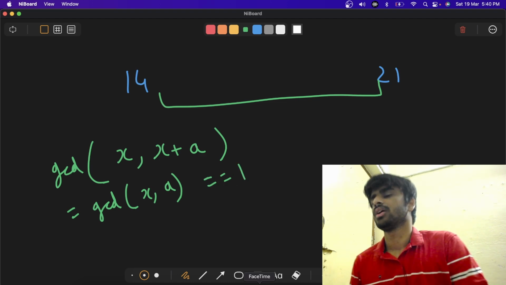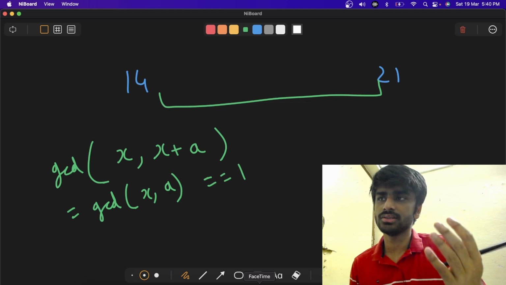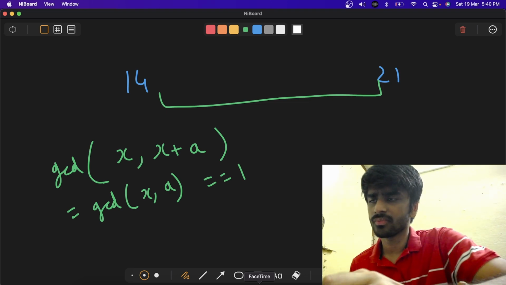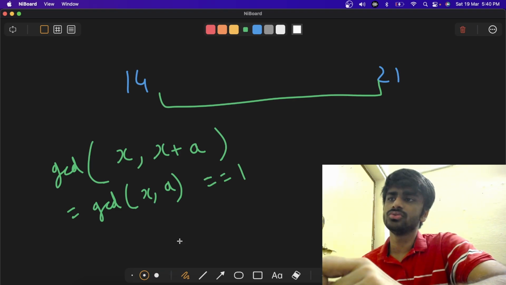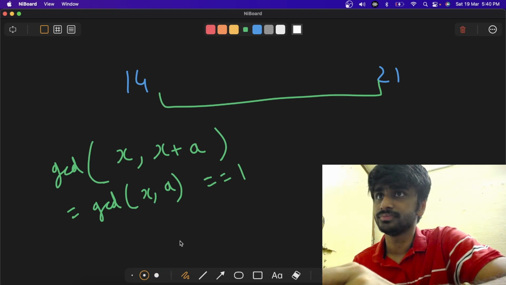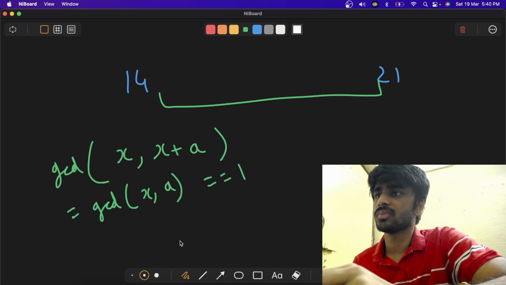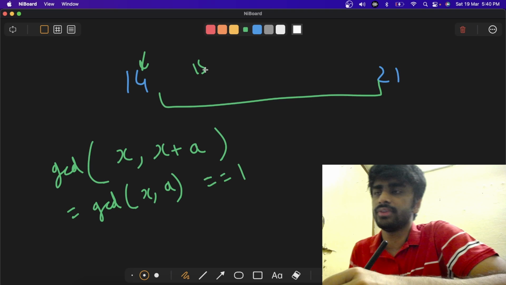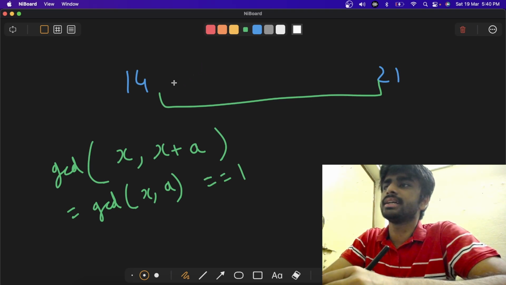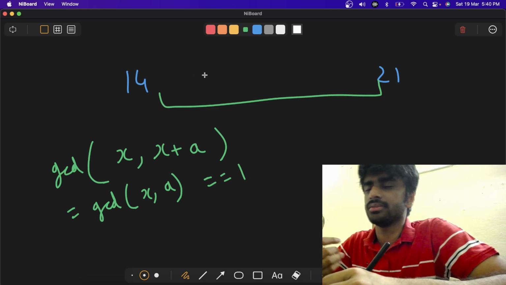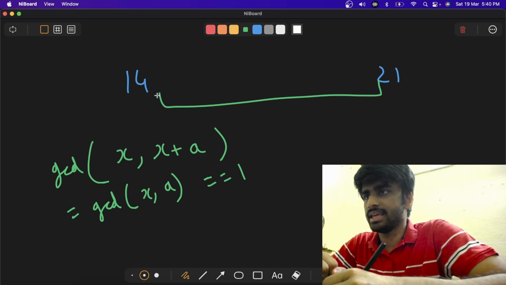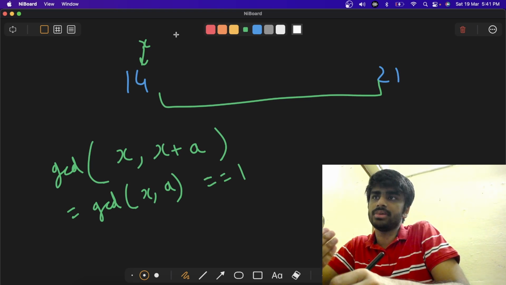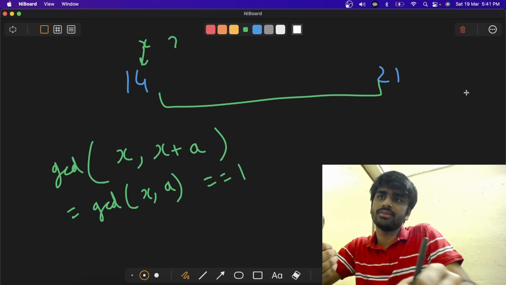So basically, whatever our answer is, we want the GCD of x and a, the point that we choose, to be 1. If we pick any number, let's say 14 or 15 and so on, we get a maximum value that we can have as a. For example, if we pick 14 as x, then a can be up to 7, because if we have more than 7, we will go beyond the range.